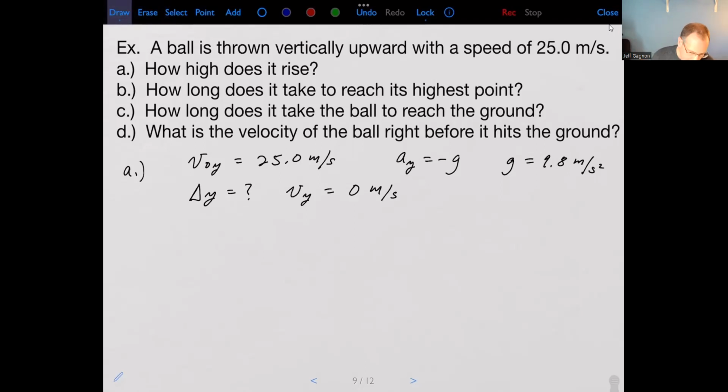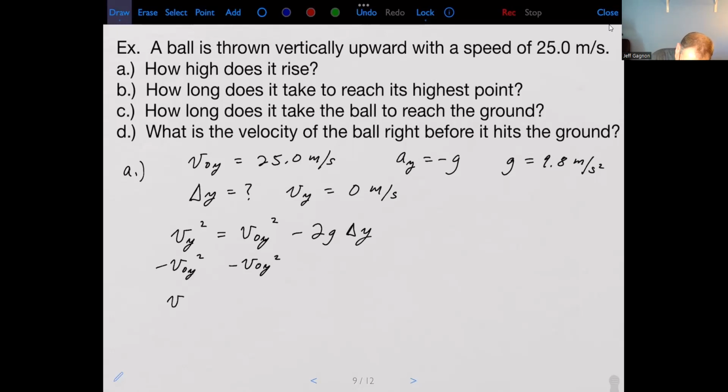So the question is, do we have an equation that involves all these variables and the only unknown is delta y? Yeah, we do, right? This equation right here, v_y squared equals v initial y squared minus 2g delta y. I can solve for delta y, and I already know all the other variables. I know the final velocity should be 0, I know the initial velocity is 25, and I know g, of course, is 9.8. So I'm going to solve this now for delta y.